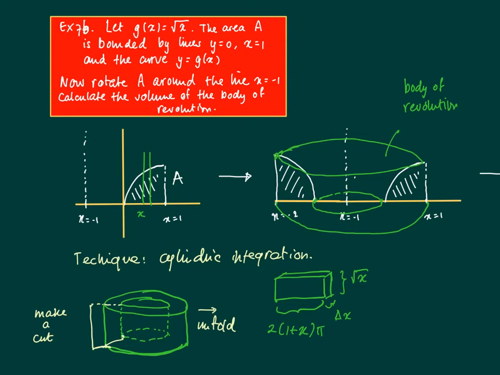Because we measure the difference from the figure in which we have the surface A to the axis x is minus 1.